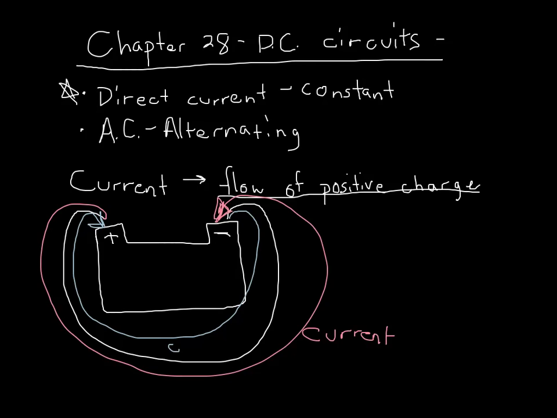So that's the actual flow of charge. And in essence, this means that the charge is flowing from the negative terminal to the positive terminal. In other words, it goes from a low potential to a high potential.